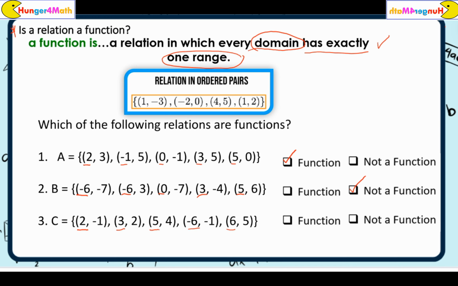So letter C is a function. That's how you determine whether a relation is a function or not in terms of ordered pairs. If the x values are not repeated, then it is a function. But if it is repeated, whether twice or thrice or more, then it is not a function.